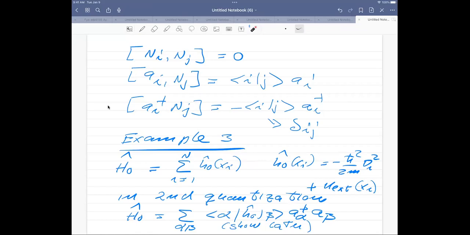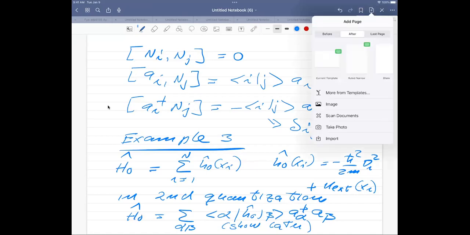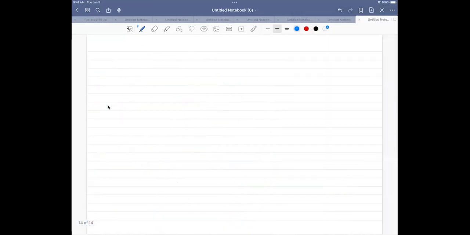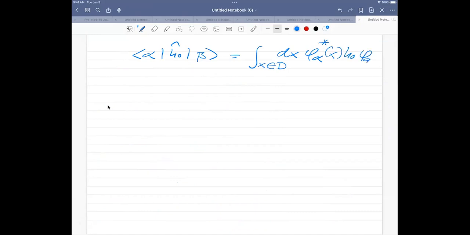One assumption in the calculations we are going to make now is that we have a simpler case. We're going to assume that alpha H0 beta, which we defined as an integral over x, over the domain of variables, d of x, phi alpha of x, then this operator, and then phi beta of x.